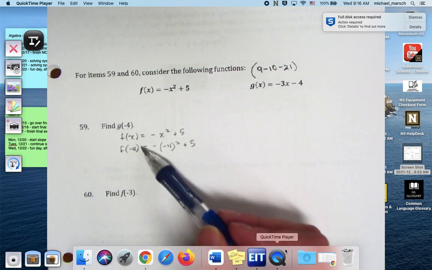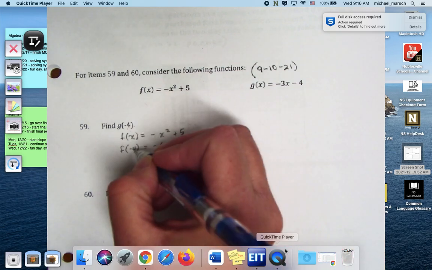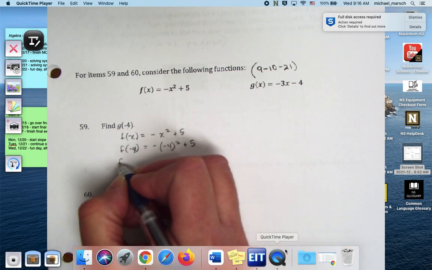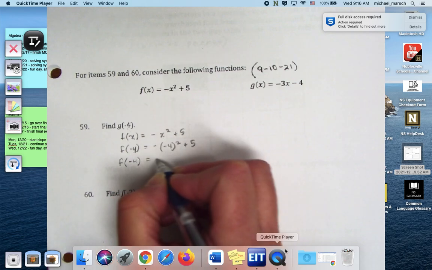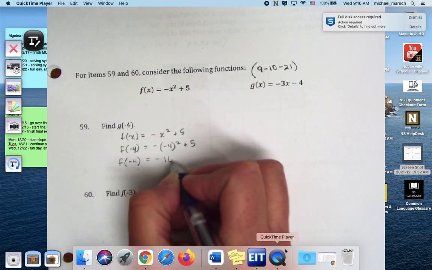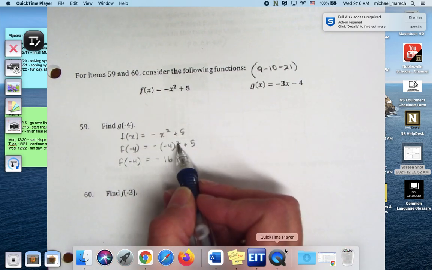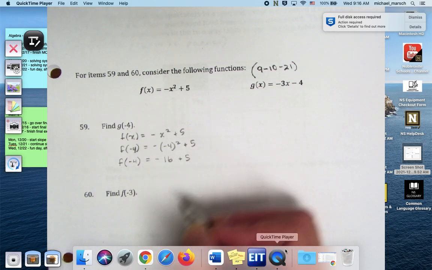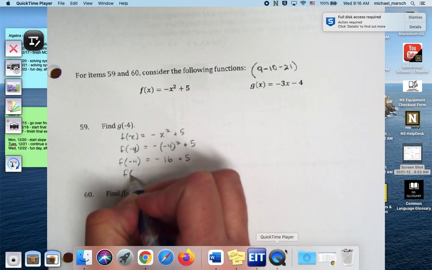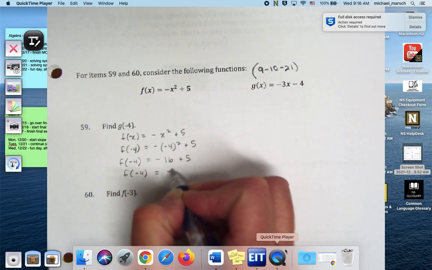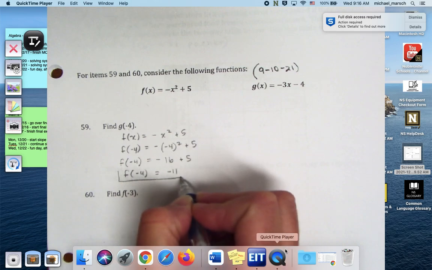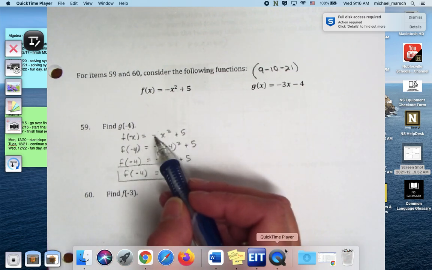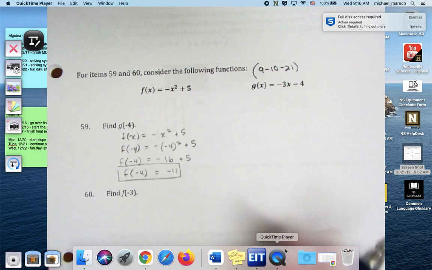I don't do anything mathematically with this. This is just the placeholder. This is just telling me this is the number I'm using for x. The function of -4 equals opposite of 16, because -4 squared is 16, but I have this negative here, plus 5. So the function of -4 equals -11. A lot of people forget that this is like by itself, right? So this negative stays with it.